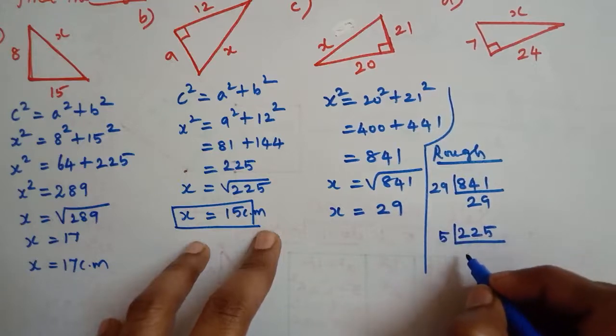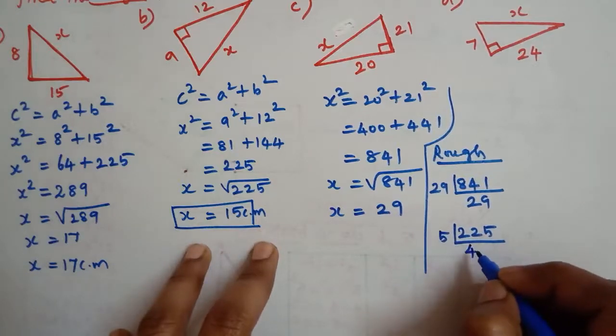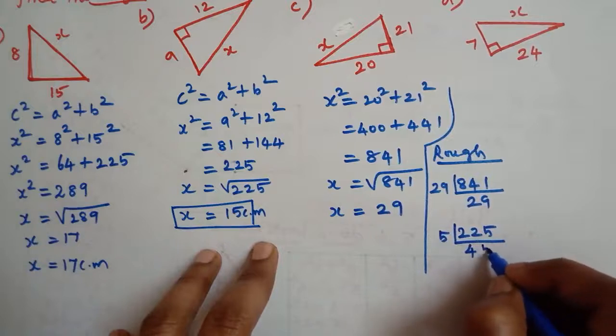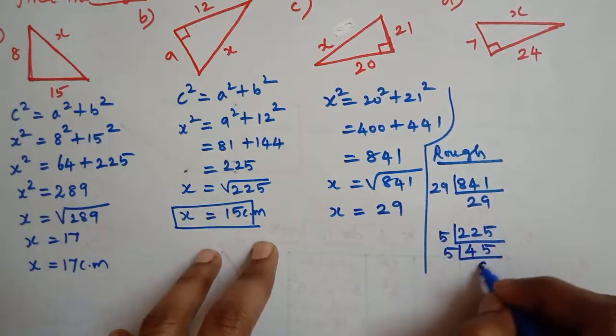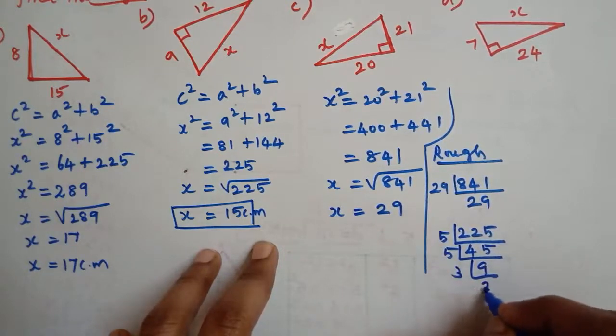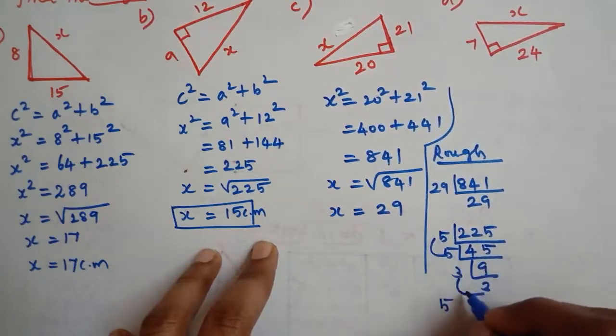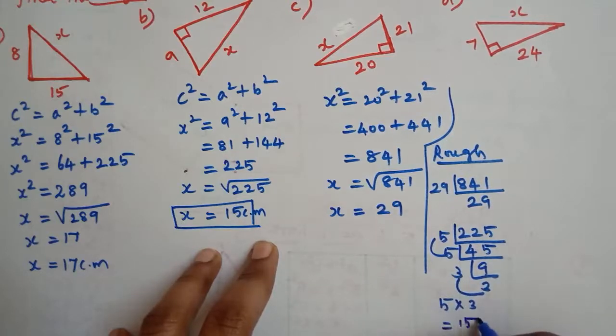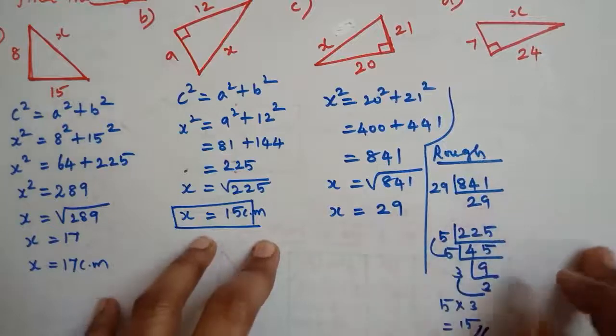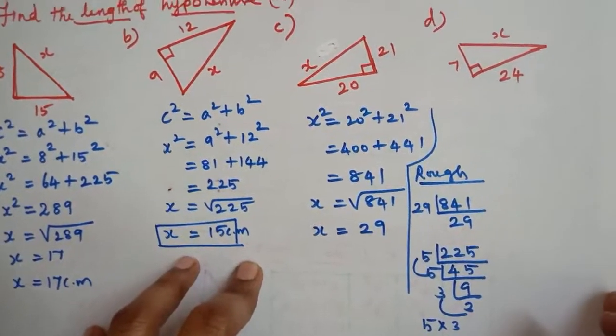Here 5 fives are 25. Then again put 5, 3 threes are 9. So take one 5 and one 3 out of these two numbers. So 5 into 3 is equal to 15. This way you have to find. Is it clear, students? Good.